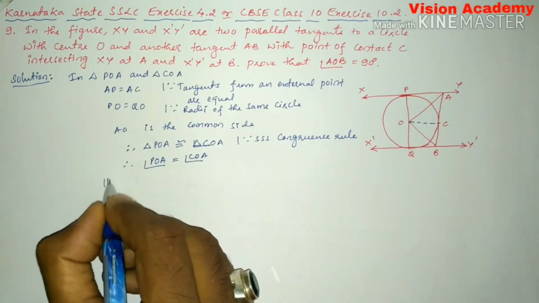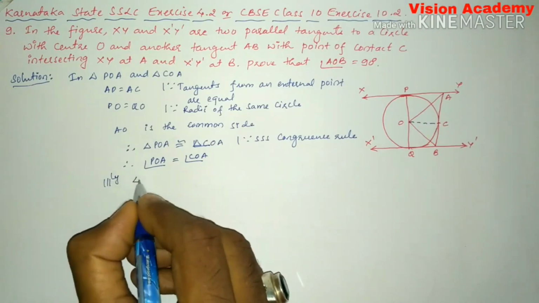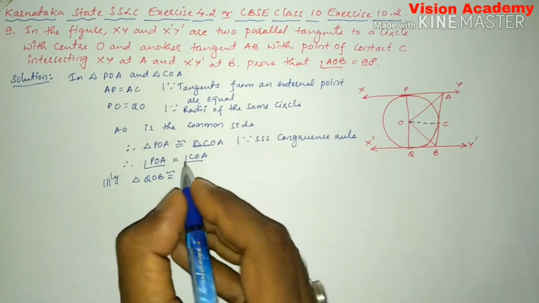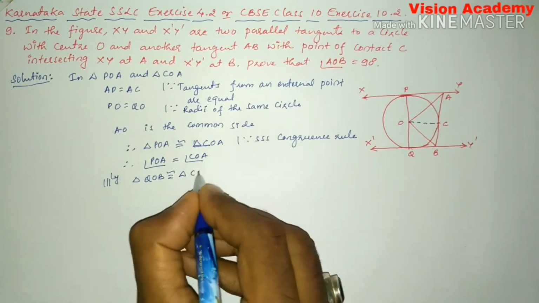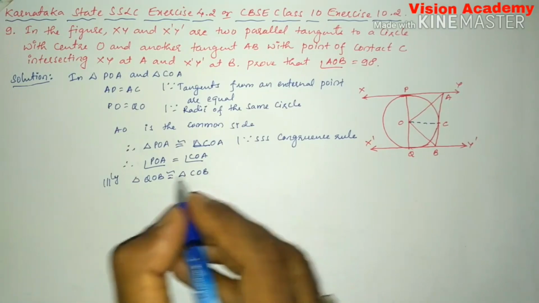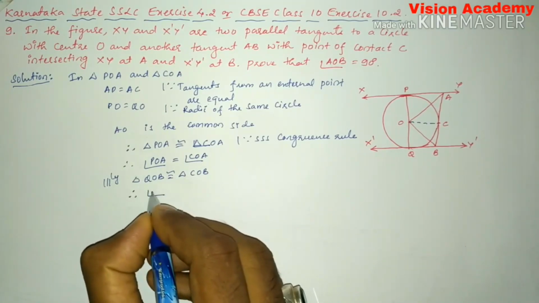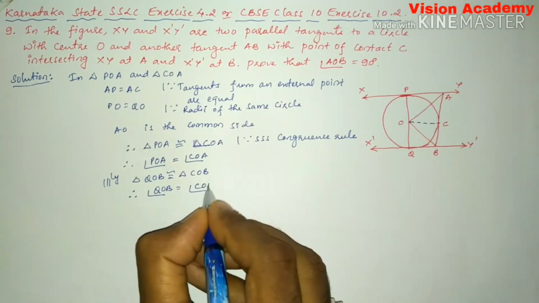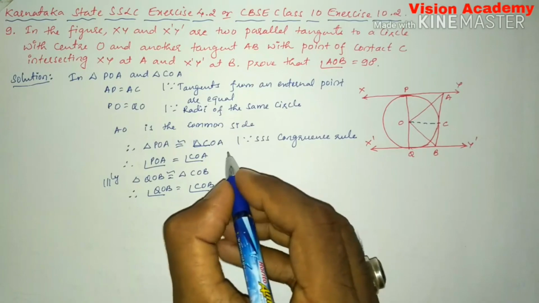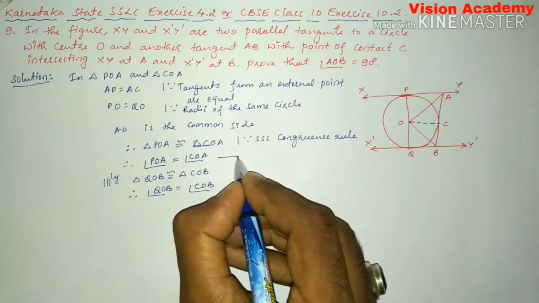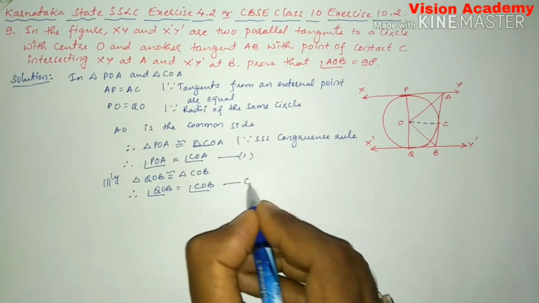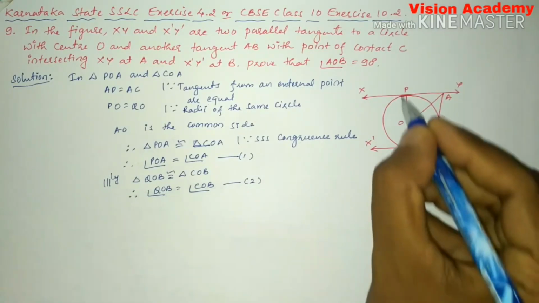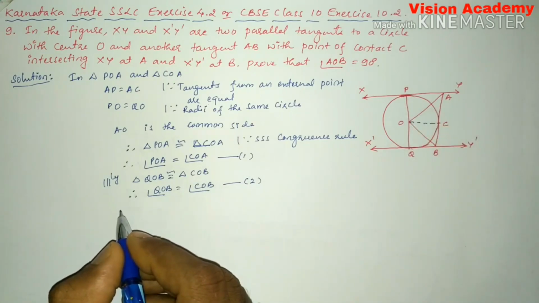Similarly, triangle QOB is congruent to triangle COB. Now, therefore, angle QOB is equal to angle COB. Let us consider this one as equation number 1 and this as equation number 2. Here we know that PQ is the diameter of the circle.